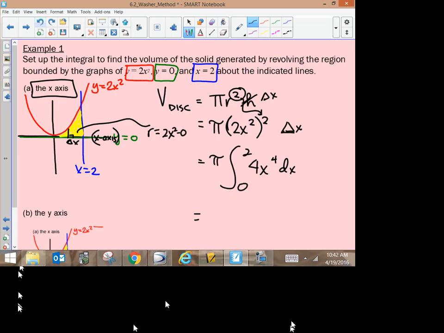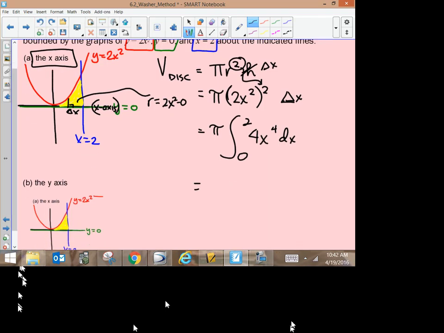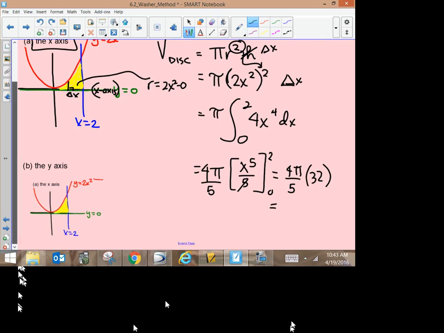All right, plug it in or do it by hand, either one. I'm just going to do it by hand. My 4 out, and my 5. I'm encroaching on my second one here. Let's see, what's that? 128 pi over 5.